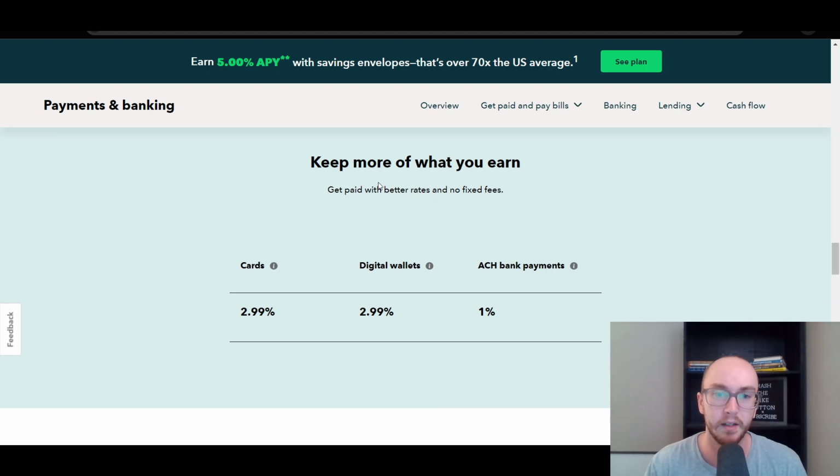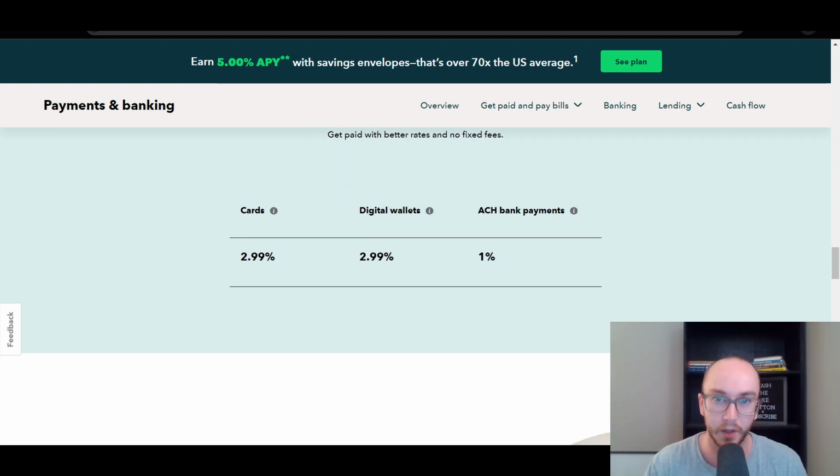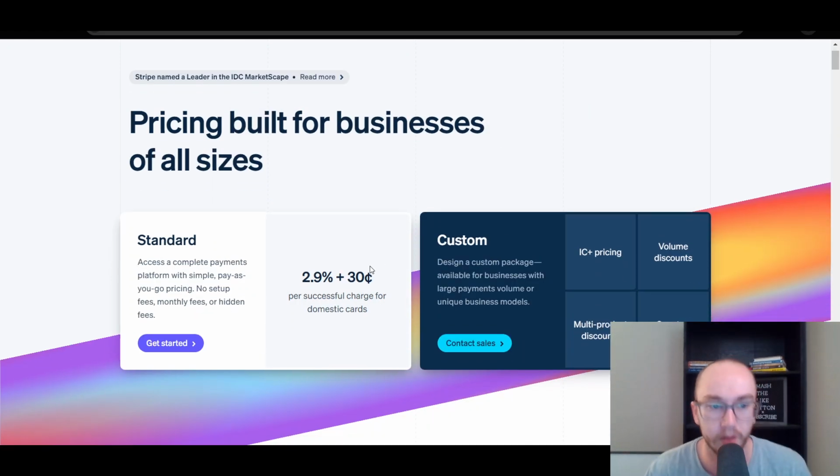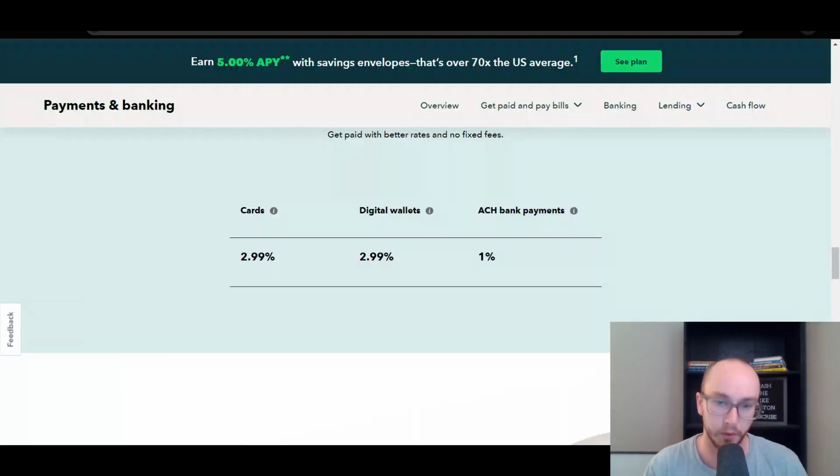It does depend. But for most people, these are going to be the rates that you're going to see. And same thing really with Stripe. Those are going to be the standard rates that most people will see. But you can potentially get better fees for processing large payments and large payment volume really through Stripe or through QuickBooks.